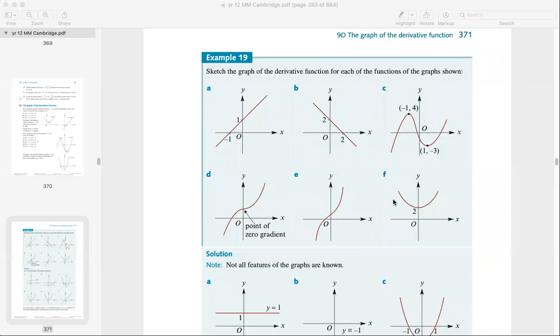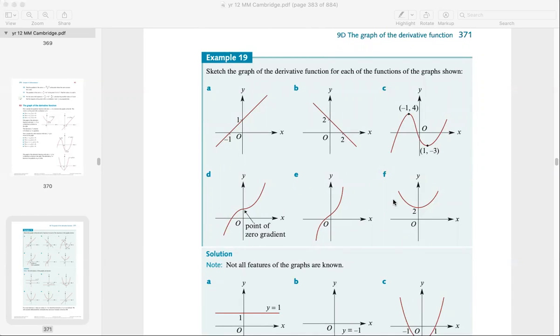And for C and D, we should be careful, because from 0 to -1, my derivative will be greater than 0, because my original function is increasing. And from -1 to 1, my derivative will be less than 0, because the original function f(x) is decreasing.